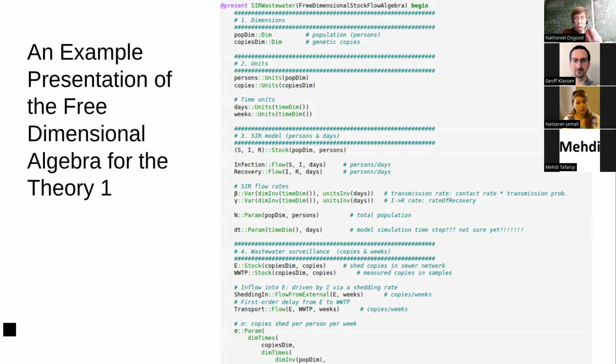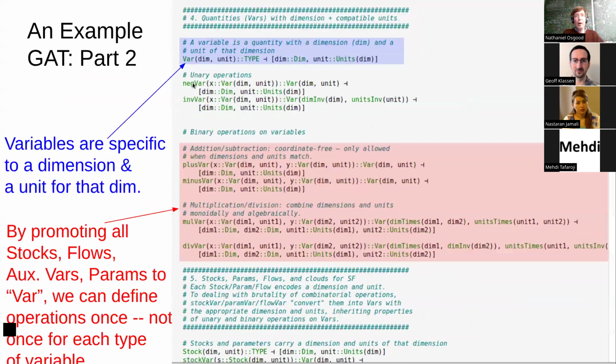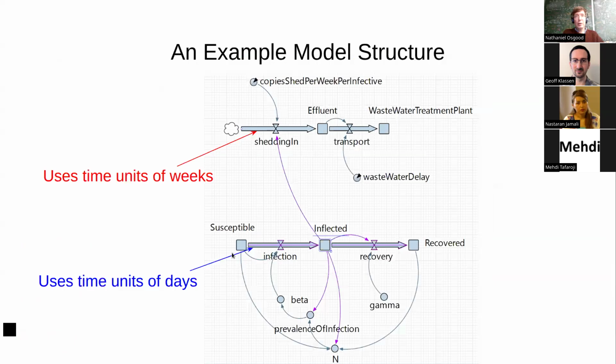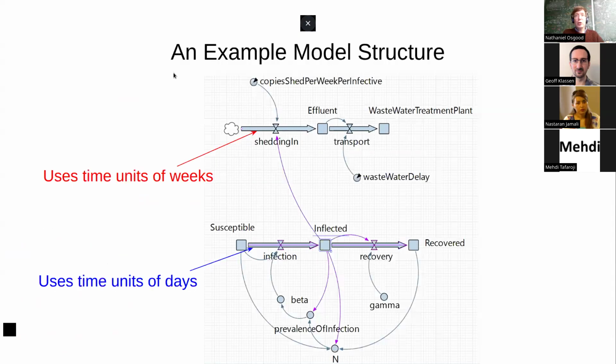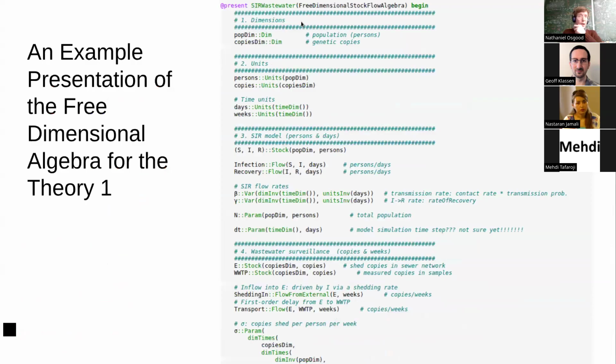Right? 2 objects, 2 homs, etc. Here, we're presenting something of this theory here, but more specifically, we're building up this symbolic model, this free dimensional stock flow algebra. So it knows we're building up these formulas.